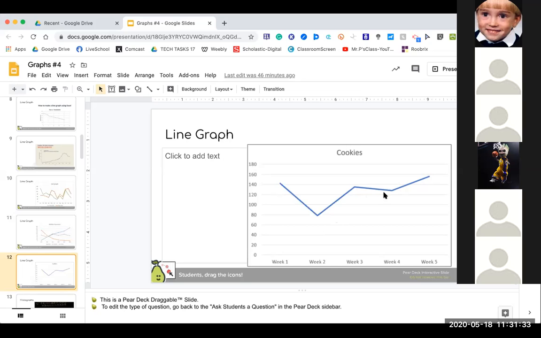Does anybody think maybe it's not good that they have the lines drawn, that it should be a scatter plot? Because are they between week 1 and week 2, are they selling cookies on all these days, or do you think it's okay to have the line? I think it's okay. Okay. And the answer is either way is okay, because the line's purpose there is not saying I'm selling parts of a box of cookies.